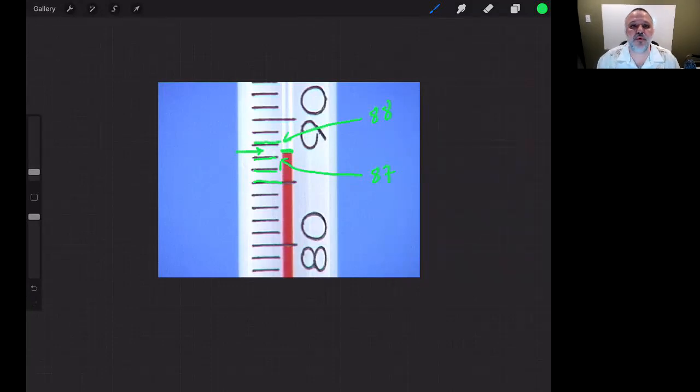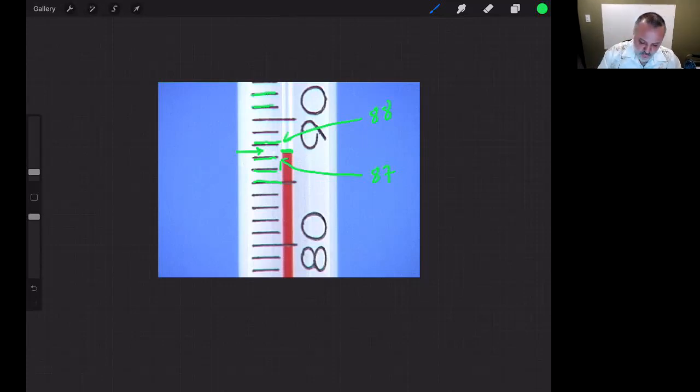So how do I report the correct number of significant digits to represent the actual precision of this instrument? I'm showing you how these things are related. When we use an analog instrument, each line is called a graduation.